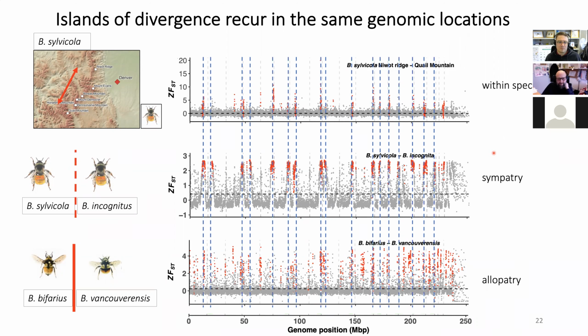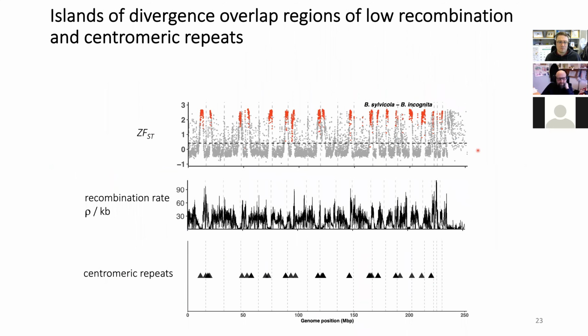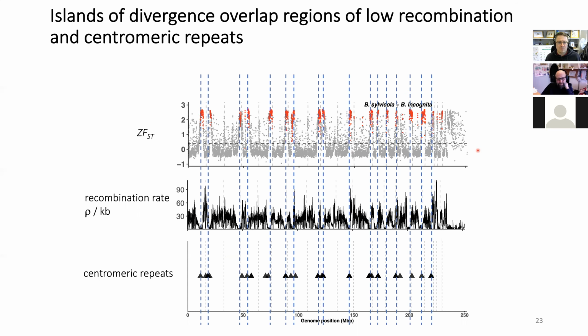And as has been found before in similar studies, when we make a map of recombination rate variation and identify centromeric repeats, those features do tend to correlate fairly well with the peaks of divergence that we observed in these genome comparisons.